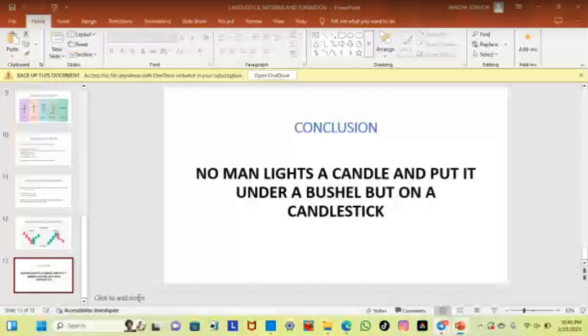And if you continue with the scripture, it says that it giveth light to everyone that is in the room. So when you learn and master these candlestick patterns, it gives you light in the trading world, and also light to others that are under you.